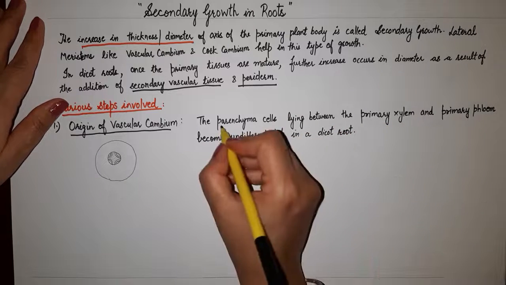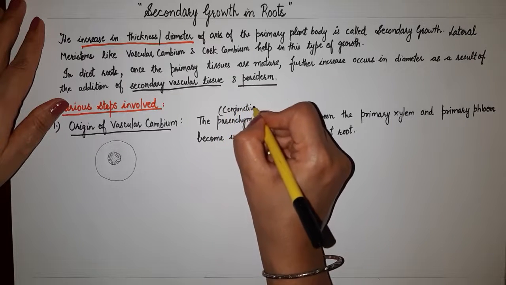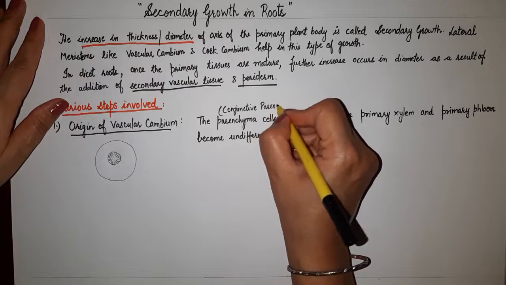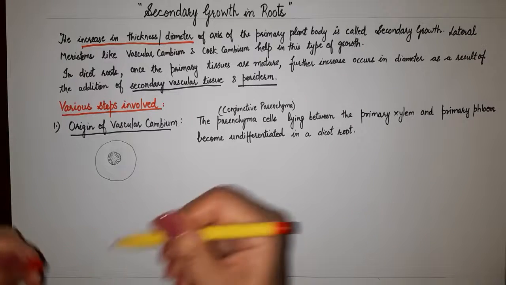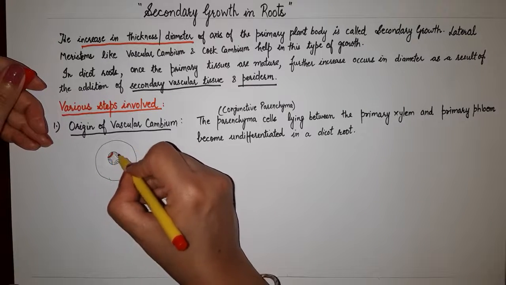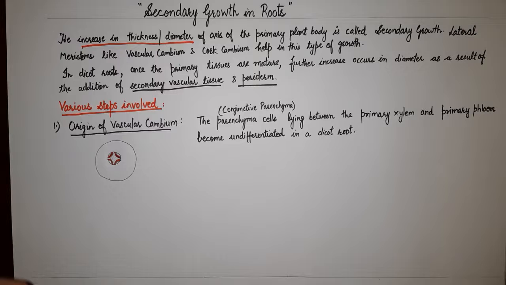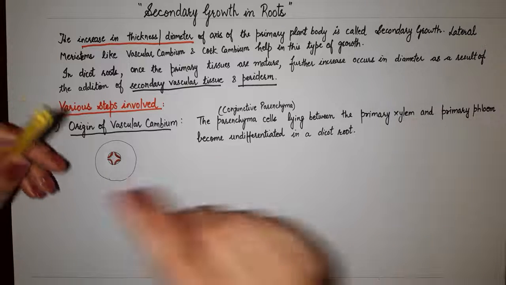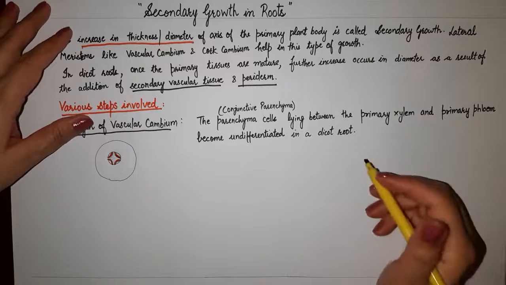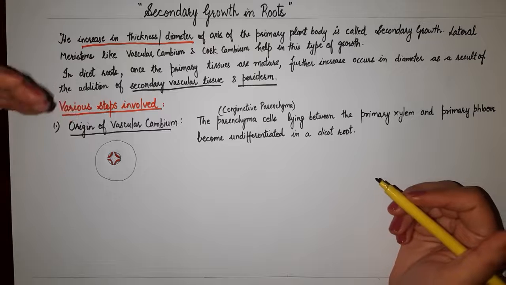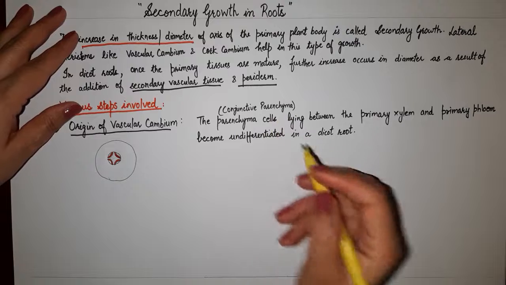And what is this region? These parenchyma cells, they are the conjunctive parenchyma. Okay. So the region in between xylem and phloem, that is called conjunctive parenchyma. So its cells undergo dedifferentiation and result in the formation of meristematic cells, and then they are going to develop into the vascular cambium. So the origin of vascular cambium is the site of conjunctive parenchyma.